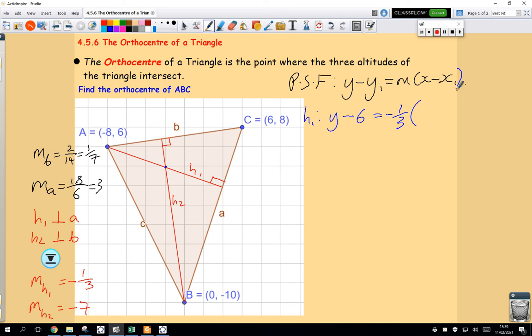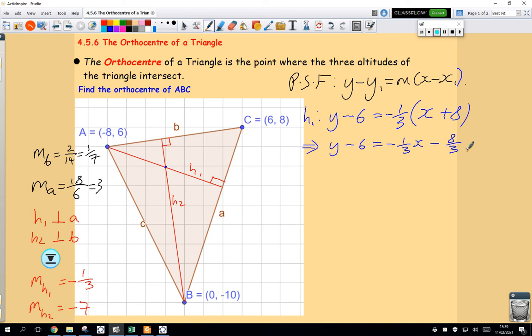What's the x coordinate of a point on this line? It's negative 8, so x subtract negative 8 is going to be x plus 8. Okay, and I can rewrite that, maybe I'll rewrite it in slope-intercept form. Y minus 6 equals negative 1/3 x minus 8 over 3.